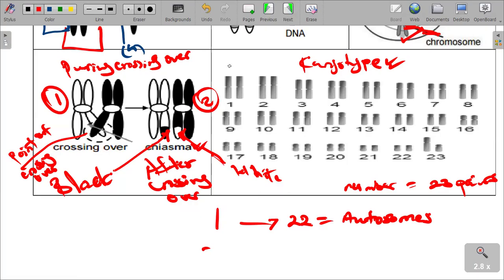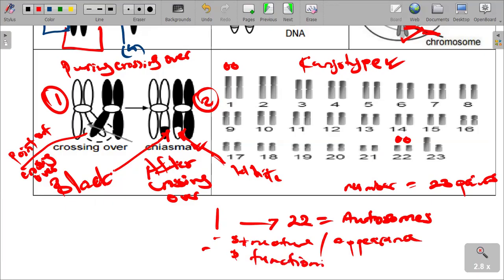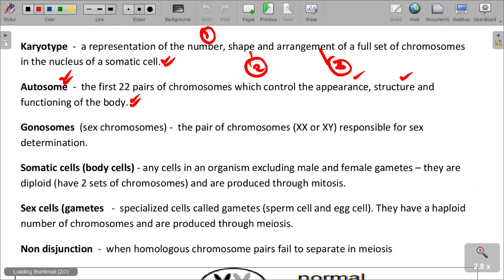From this one up to this one, they are all called autosomes. The structure, appearance, and functioning of an organism is controlled by autosomes, chromosomes from number 1 to 22.